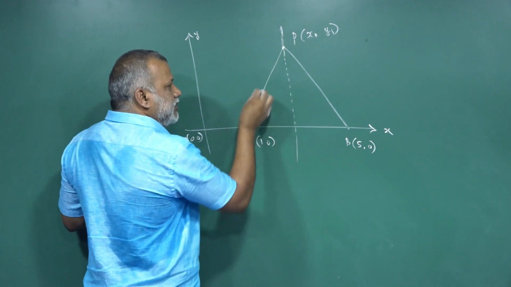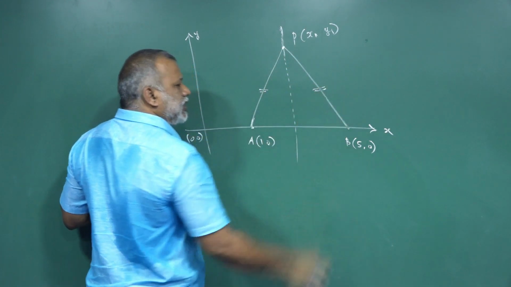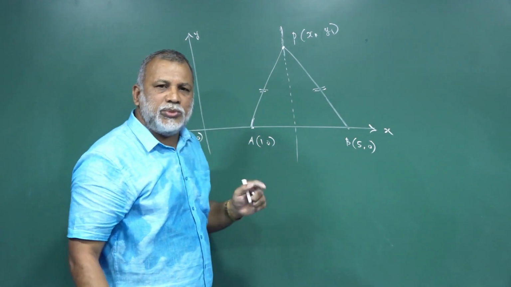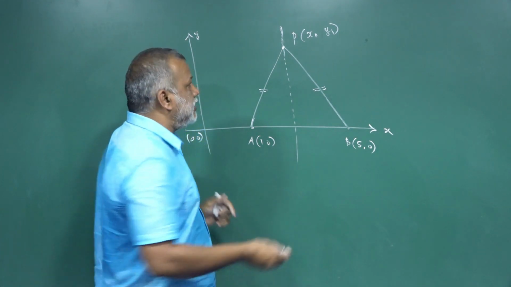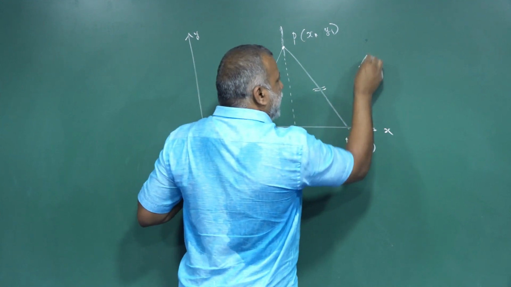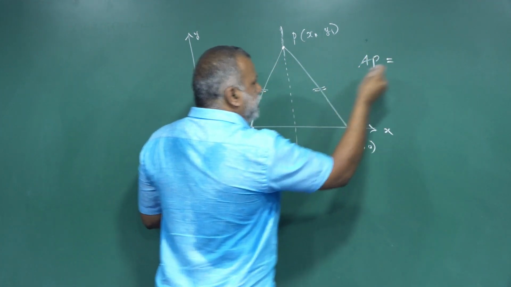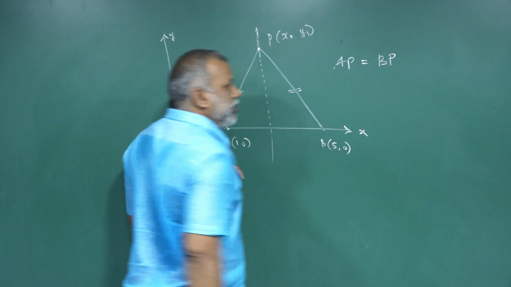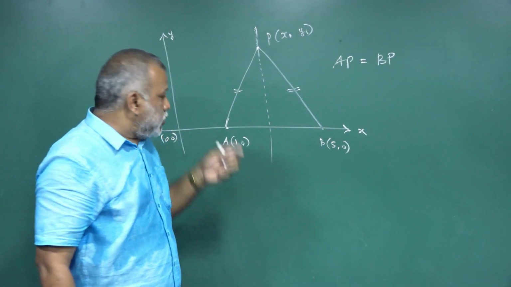As per the condition, AP equal to BP, because it is equidistant.